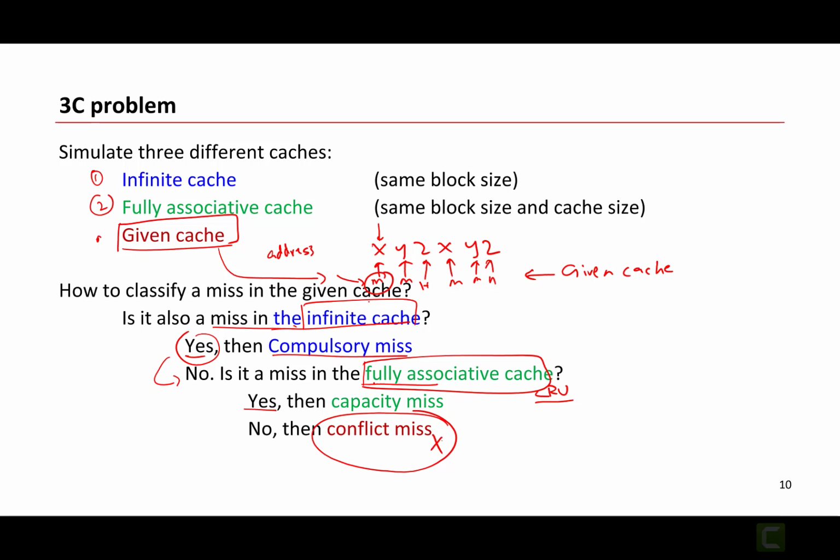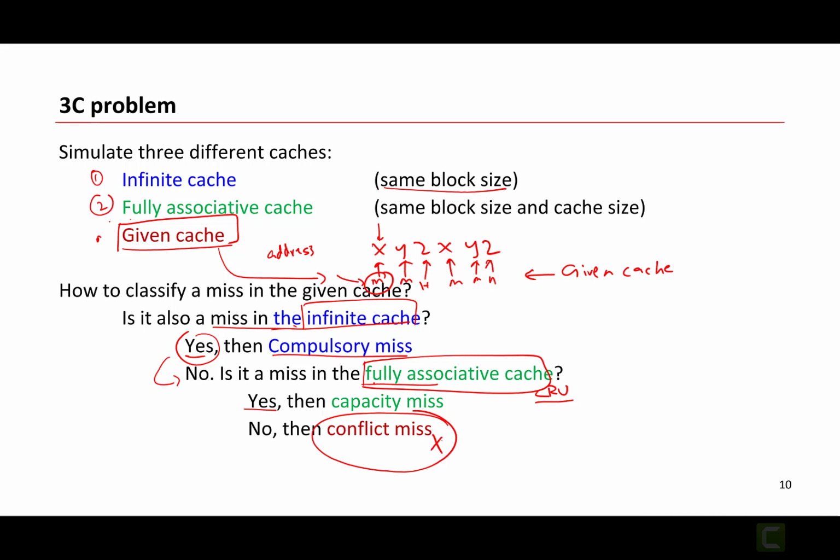Okay. So to summarize, you take the given cache, simulate it for the given address sequence, and figure out which addresses are hits and which addresses are misses. To figure out the type of those misses that you just discovered, you need to simulate two more caches. The first cache is the infinite cache, but you need to assume the same block size as the given cache.